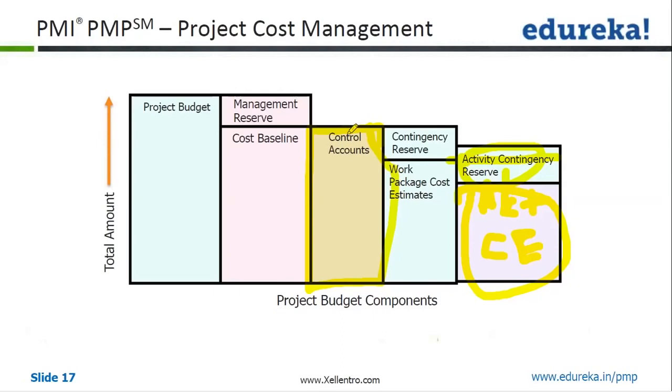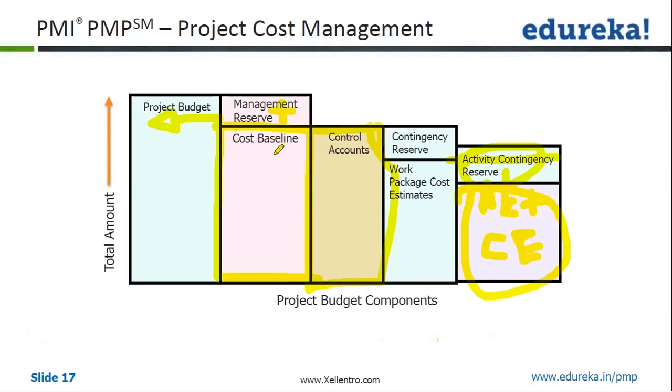These multiple control accounts added together will give you your cost baseline. Once you get the cost baseline, you add the management reserve to arrive at your project budget. So always remember, cost baseline is not the project budget. There is a relation between the cost baseline and the project budget.